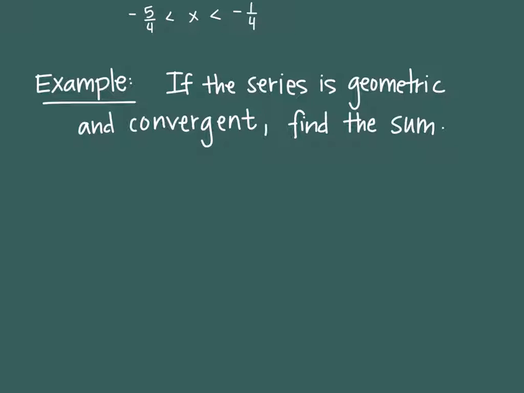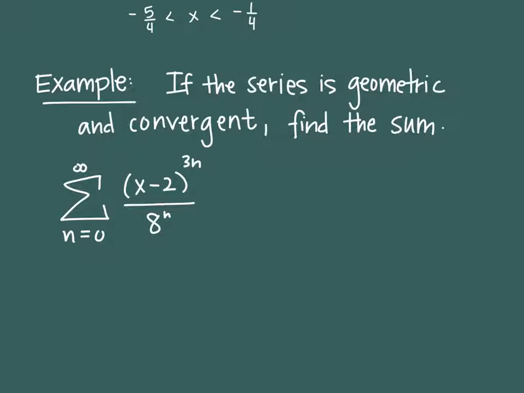Okay. All right, so if we have this one, n equals 0 to infinity of (x minus 2) to the 3n over 8n. You can recognize this as being geometric because the n's are the only thing in the power.